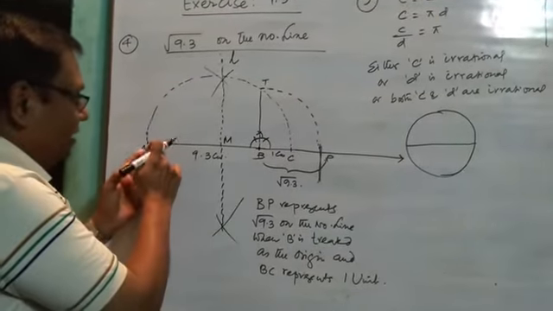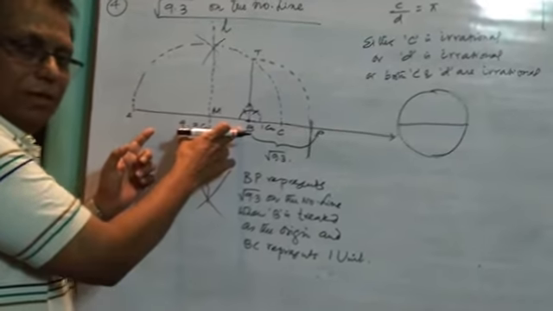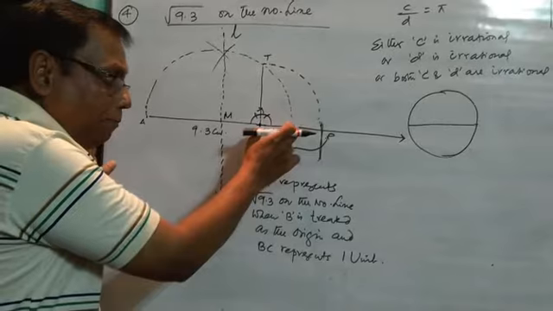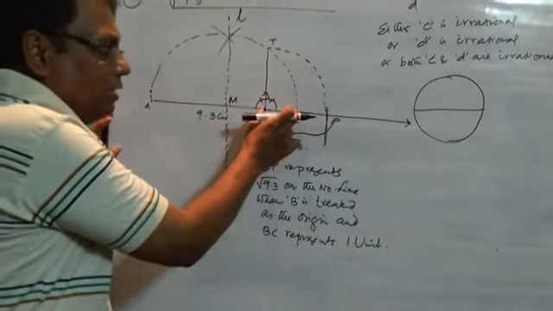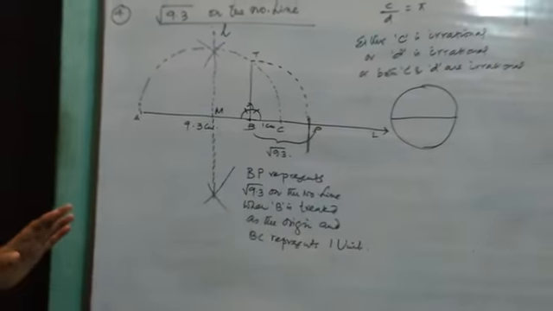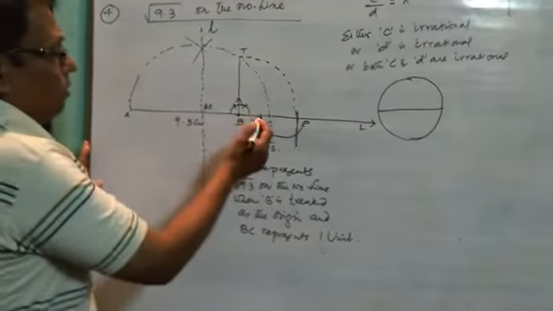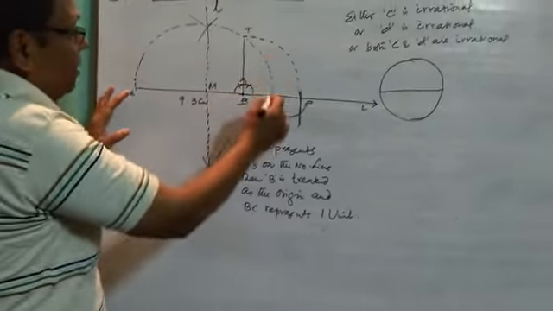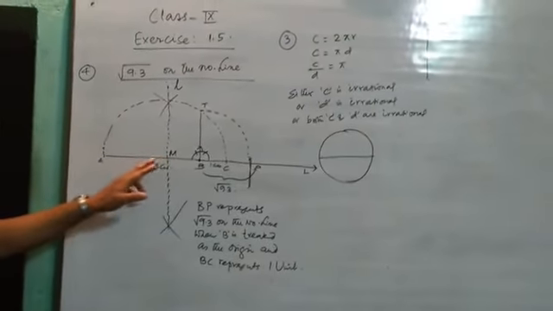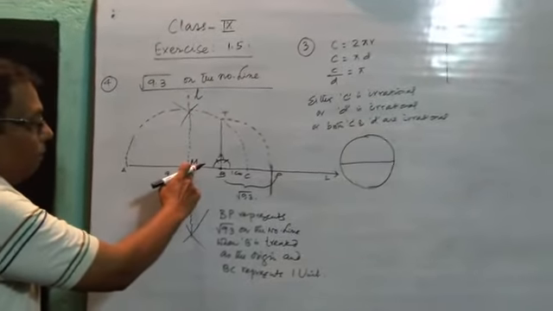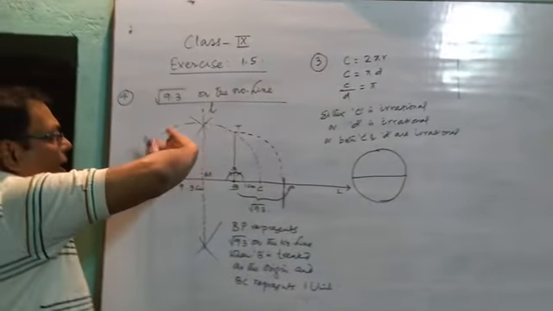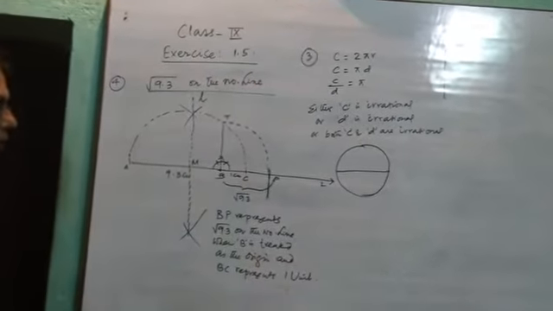Step 1. We will take a line segment AB of 9.3 centimeter length. We will produce it up to C such that BC is 1 centimeter and farther up to L. We have produced it like this. Now we are drawing the perpendicular bisector of AC in order to find out the midpoint of AC. Let that midpoint be M. Now, taking M as center and MC or MA as radius, we draw a semicircle.